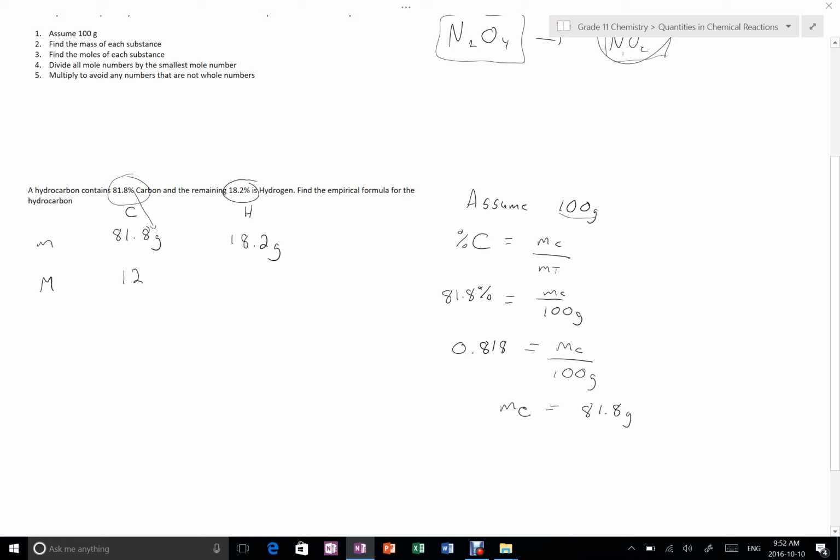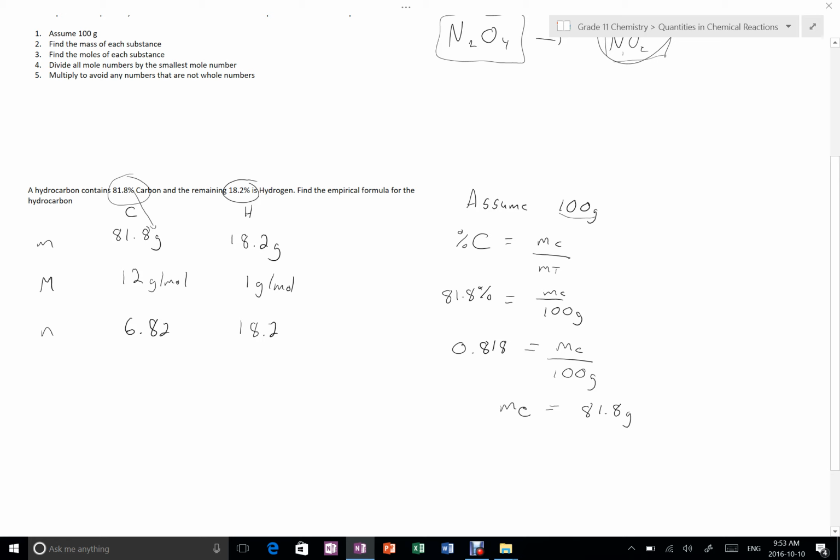The molar mass for carbon is basically 12 grams per mole. For hydrogen it's basically 1 gram per mole. And so for my number of moles of each, 81.8 divided by 12 is 6.82. I know I'm going to get funny numbers here. I'm not too worried about that. And obviously 18.2 divided by 1 is going to be 18.2, so I don't have to type that out.